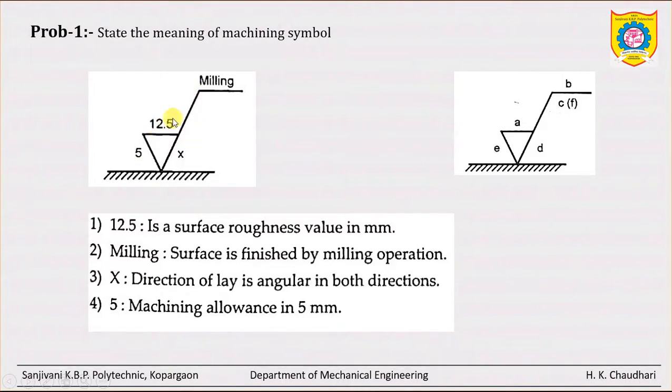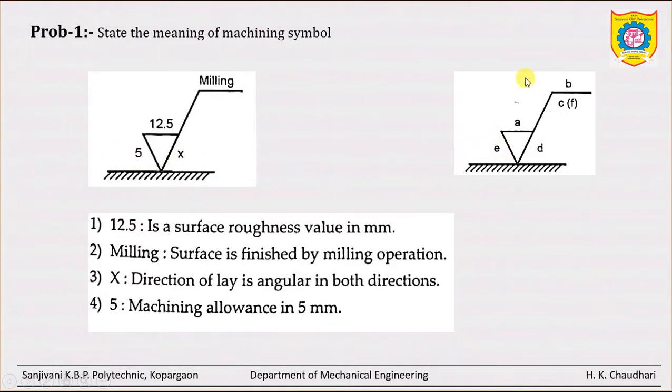Clear? After getting this figure, just compare with our general machining symbol. What is A here, 12.5. What is B here, milling. C is not given, F is not given. D here, X meaning cross is given. And at E it is 5.